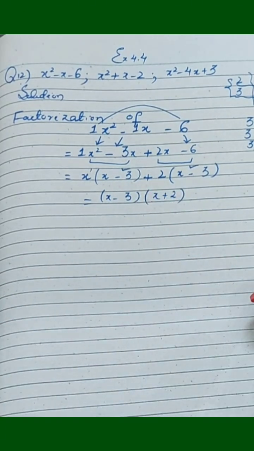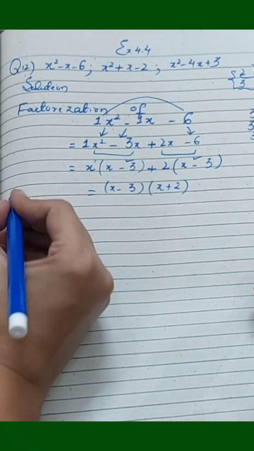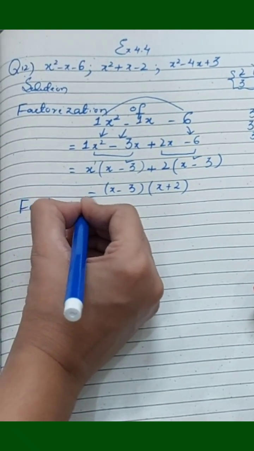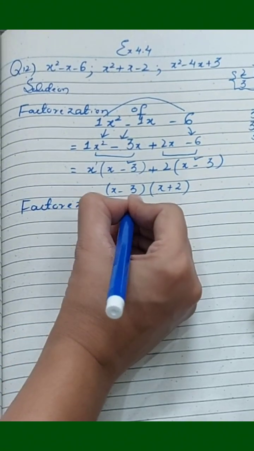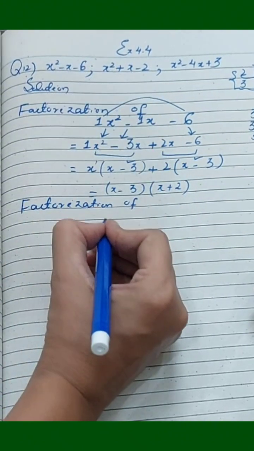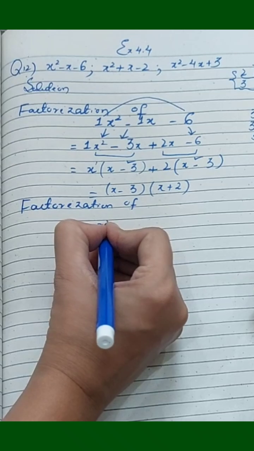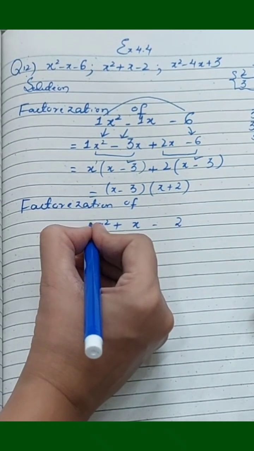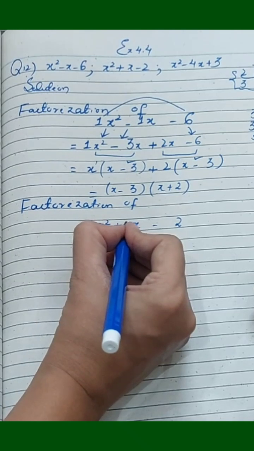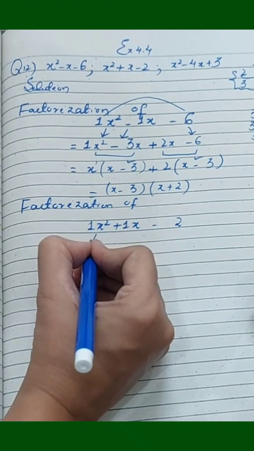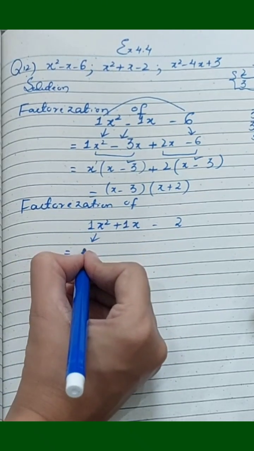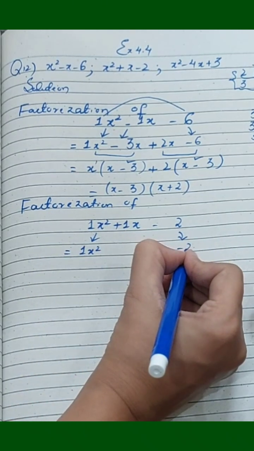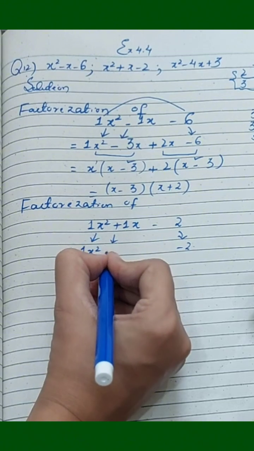So here now we will take the second expression, and again we use a midterm break method. Now the second expression is x square plus x minus 2. Coefficient of x square is 1 and the coefficient of x is 1. Now you can take the first term 1x square and the last term and this sign.